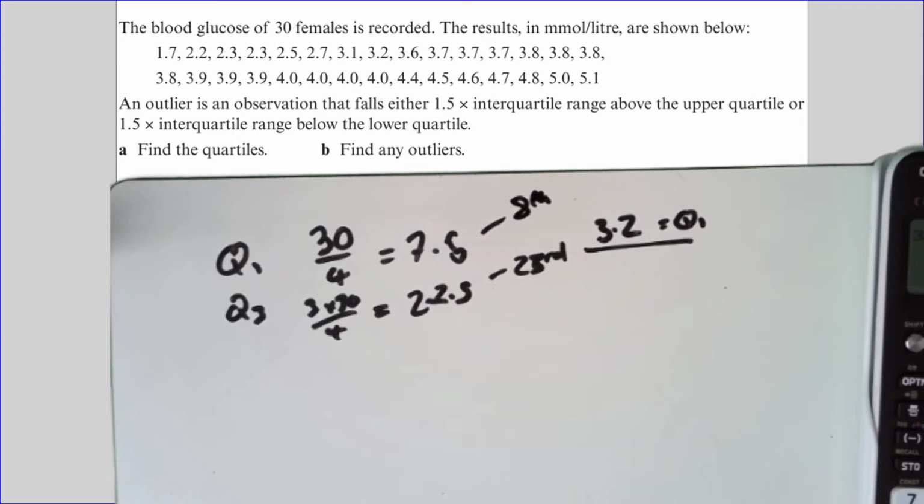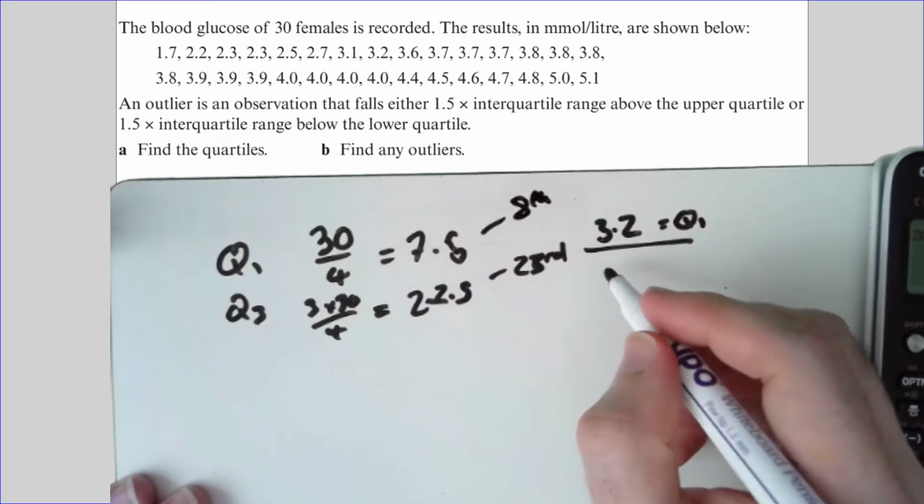So counting through for the things, we've got 15, 16, 17, 18, 19, 20, 21, 22, 23 things, which is 4.0. So I'm going to write down my 4.0 in here.